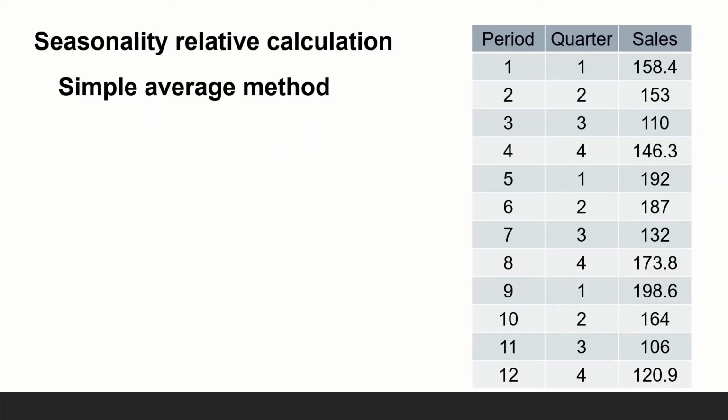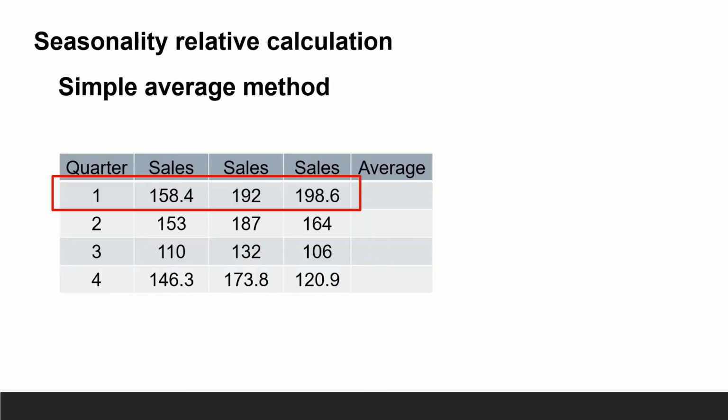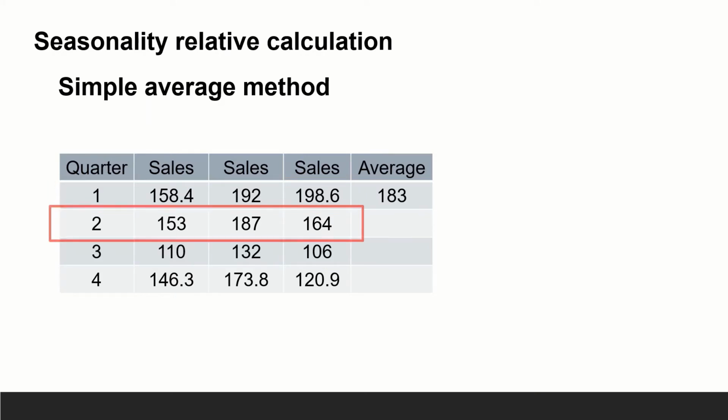Let us illustrate this method using the given data in the previous example, assuming that we have data for 4 more periods, so we have data for 12 periods. The first step is to find the average of each season. So, calculate the average for season 1, which is quarter 1. The average for season 2, which is quarter 2.